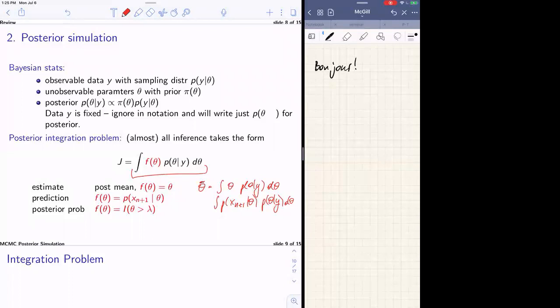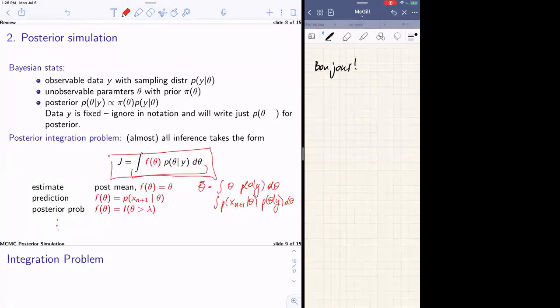For posterior probabilities, for example, if you want to report the probability of theta being beyond some threshold, you would just plug in the integrand indicator for theta being beyond that threshold. And you can keep going on that list. You can make an argument that just about any statistical inference under the Bayesian paradigm takes the form of evaluating integrals of this type.